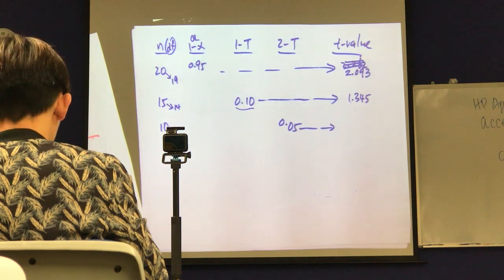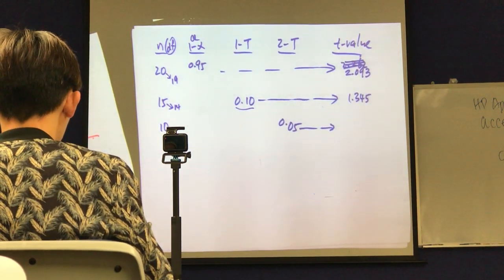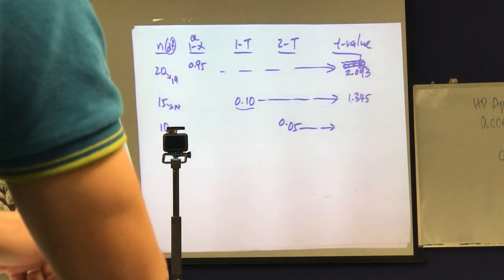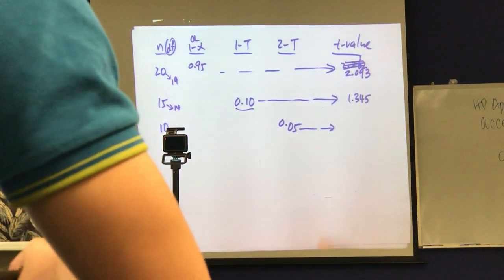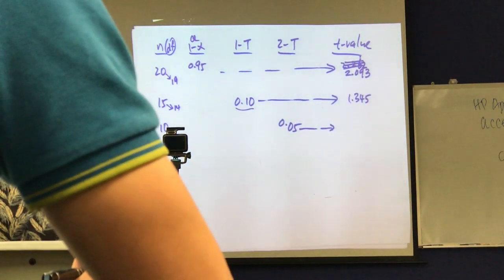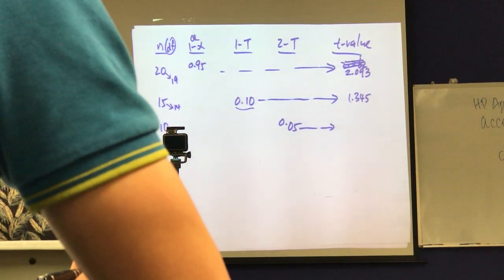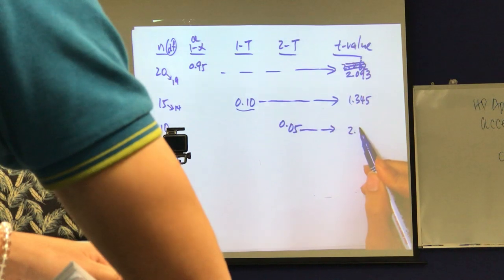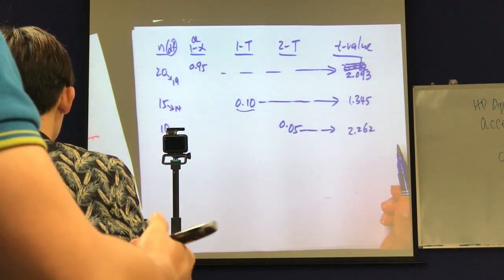How about the person beside you if they are lost? Now fill up for me what this one here is. Two tails. What is this number here? 2.262. Is it 2.262? Yeah?